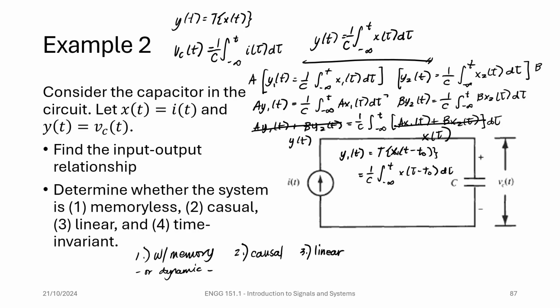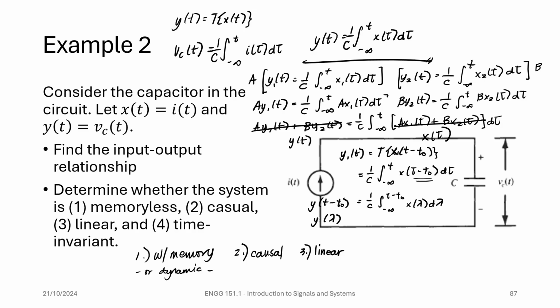Ayan, para hindi confusing. Okay, so if this is the case, no? So we can just say that we can transfer this tau minus t naught dun sa upper boundary natin, and change to another variable. No, so that is 1 over c multiplied to the integral from infinity to tau minus t naught of x of lambda d lambda. So this is our what? Our y of t minus tau, which is also our y of lambda.